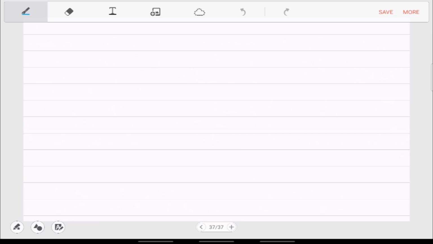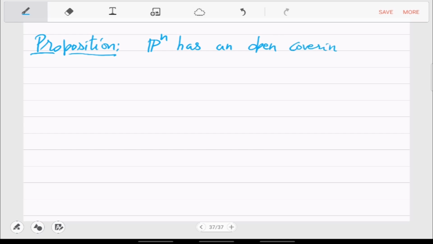So that's a proposition. P^n has an open covering via n plus 1 affine n-spaces.